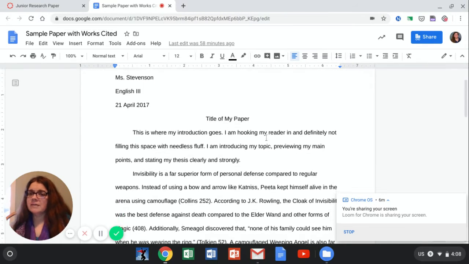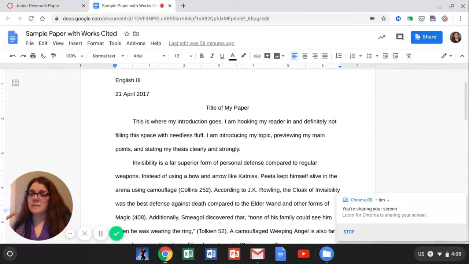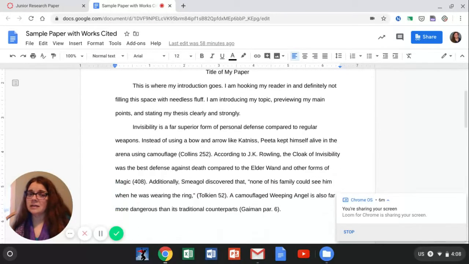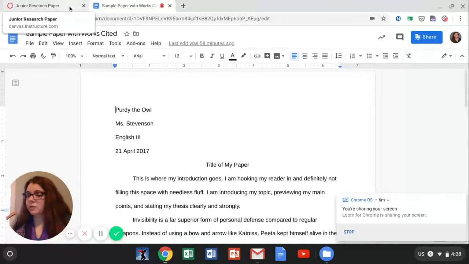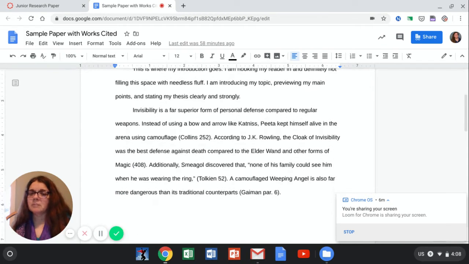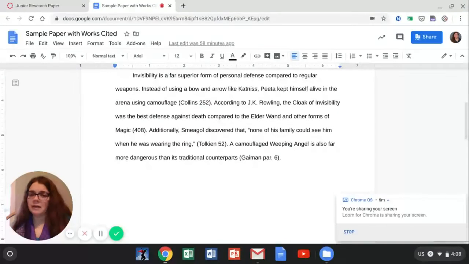I'll have a separate post about formatting later, so I'm not going to get into the nitty gritty of it now. Like I said, the Purdue OWL website that I have a link to has all sorts of detailed information about exactly how things should be formatted. But I will do a short video about that.